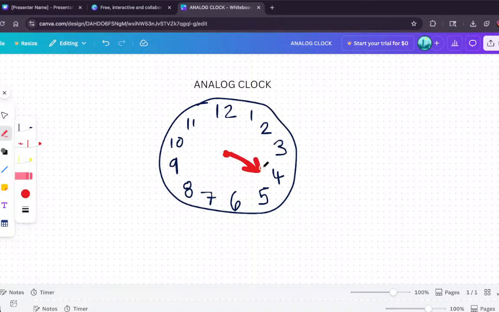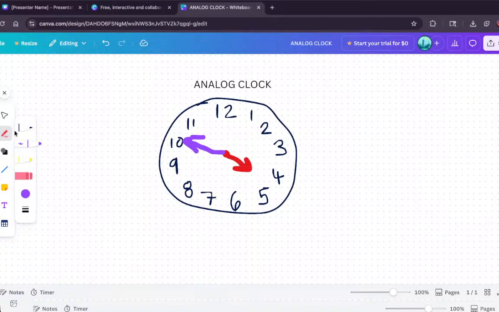This will be the hour hand. And then this will be the minute hand. So what did we say? 4:50, yes. Right about there. So this says 4:50.